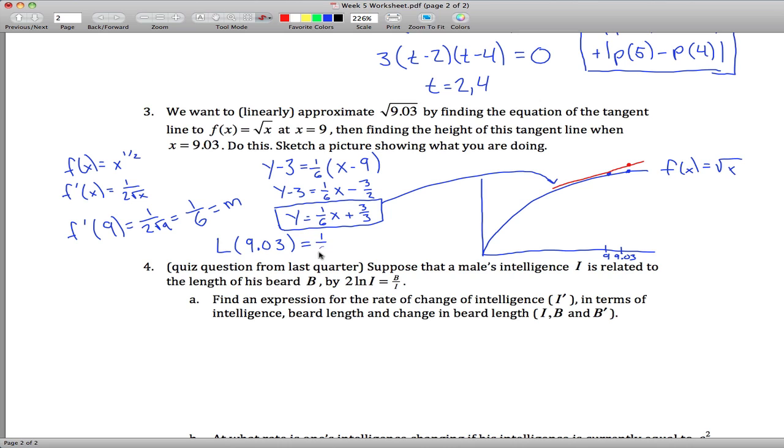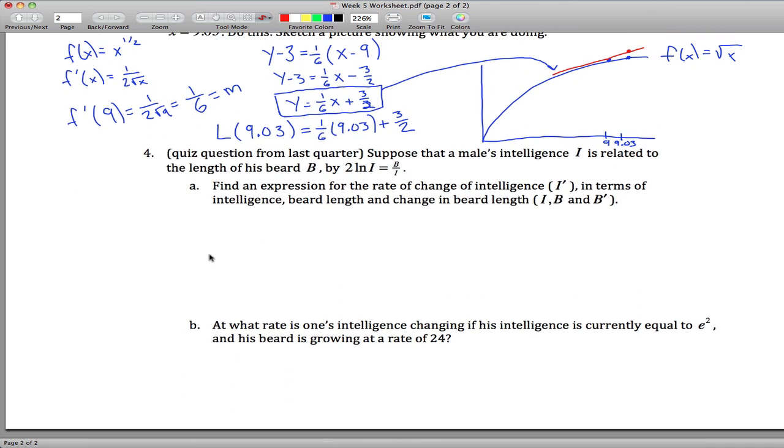It would be 1/6 times 9.03 plus 3/2. And whatever this number is, it's a pretty good estimate of what the square root of 9.03 is. It's not exact, it's this red dot instead of the blue dot, but that's the idea of linear approximation that you'll do a lot on your homework.